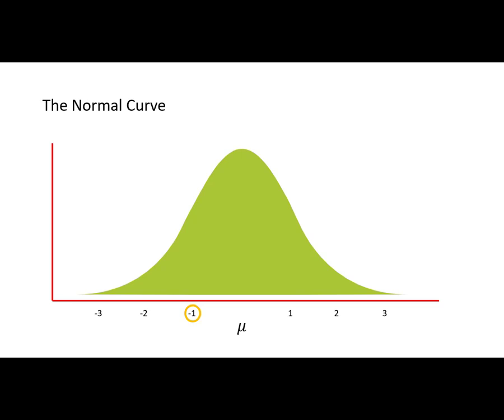One of the most important properties of the normal distribution is that it can be shown that about 34.1% of the scores will fall between the mean and 1 standard deviation below the mean. Because the distribution is symmetrical, we can see that 34.1% of the scores will also fall above the mean, that is, between the mean and one standard deviation above the mean.